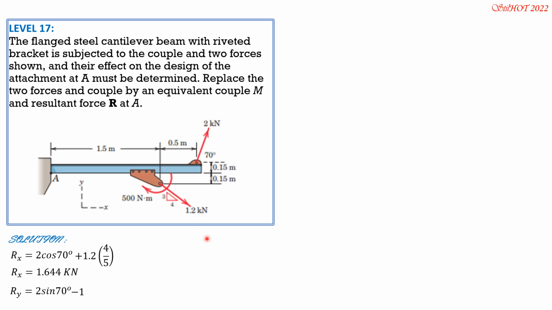Hypotenuse is 5 here. So Ry is 1.159 kilonewtons. So we can now set up R. R in vector form, R is 1.644i plus 1.159j. So that is pointing up to the right.